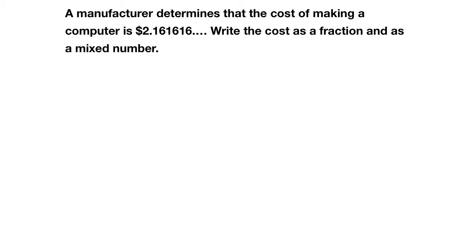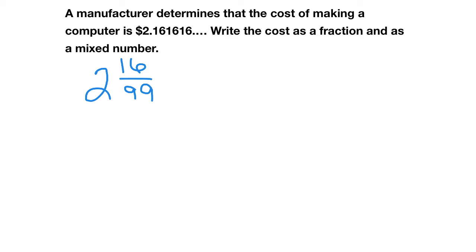Question 15. A manufacturer determines that the cost of making a computer is $2.16 repeated dollars. Write the cost as a fraction and as a mixed number. When we use our calculator and we do the work, we find out that the mixed number is 2 and 16/99.